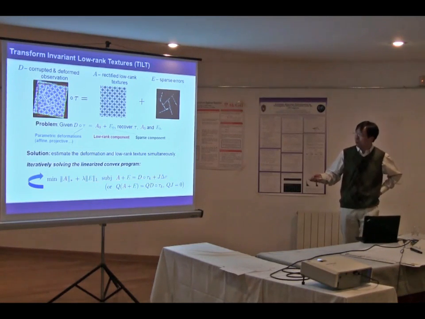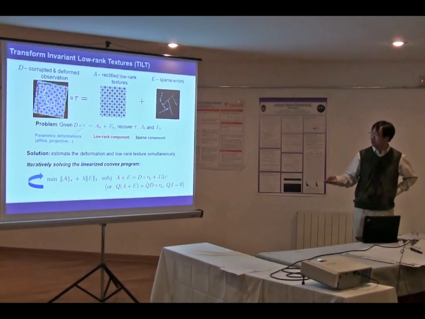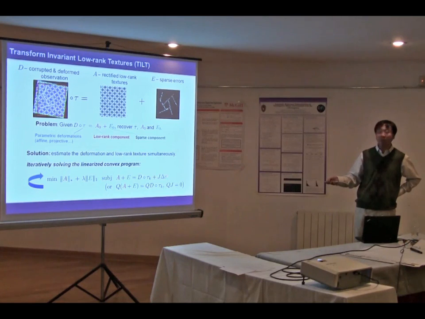Now, if you look at this problem, this is almost like a robust PCA. You have a data matrix. This is tau, and you know tau now. This is a known matrix. You try to decompose it into low-rank plus sparse, plus this Jacobian, which you also know, you compute from the image, and delta tau, which is the linear unknown. You try to compute this term.